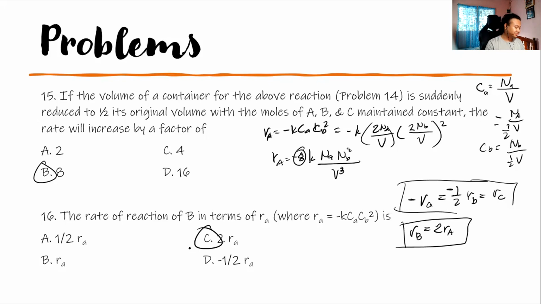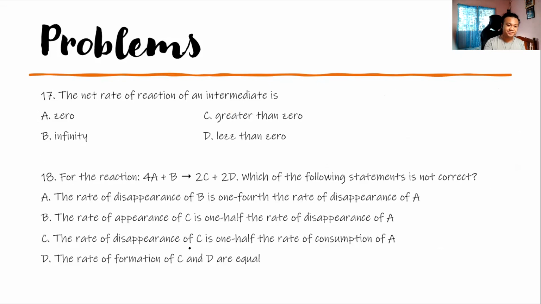Next, the net rate of reaction of an intermediate is 0.